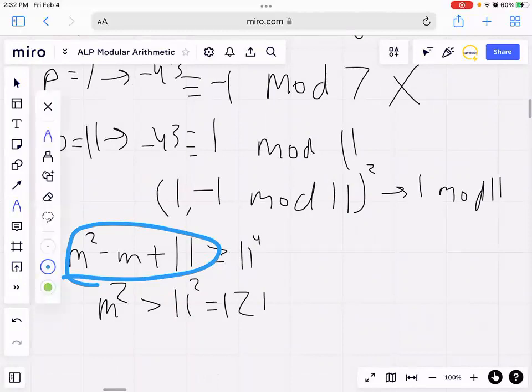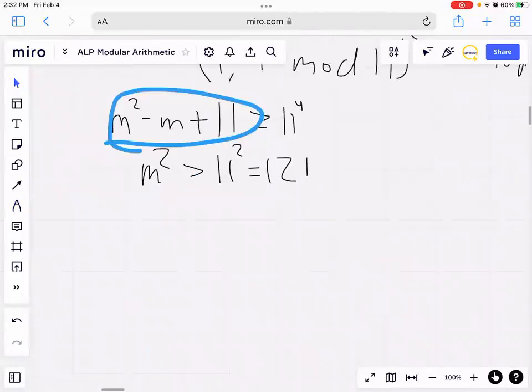But sorry, we need to check. We're actually looking for values of m. The left-hand side of this inequality that's circled in blue has to be a multiple of 11.